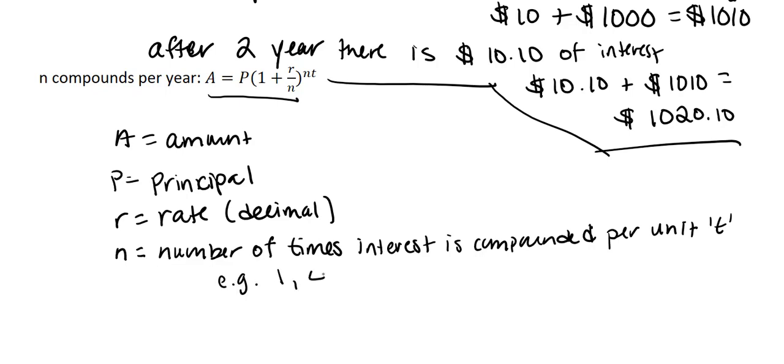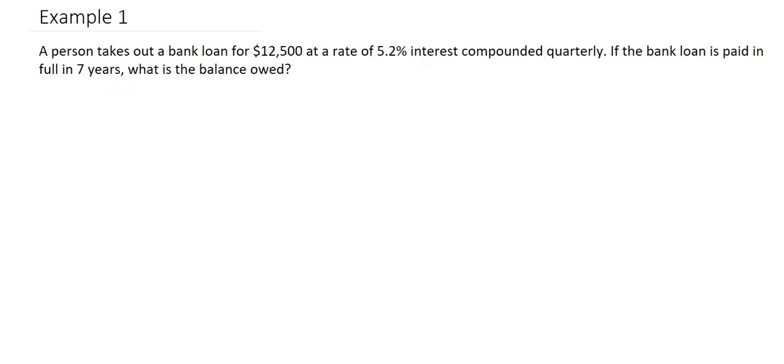If it's quarterly, it's 4. Or it could be daily, where it's 365 times. And then T is our time.